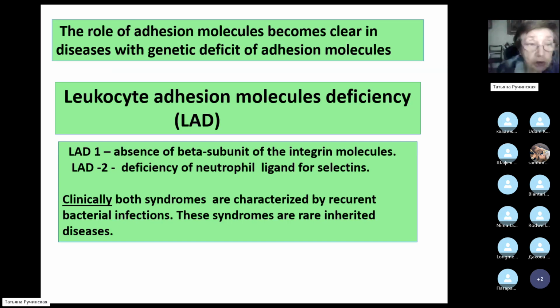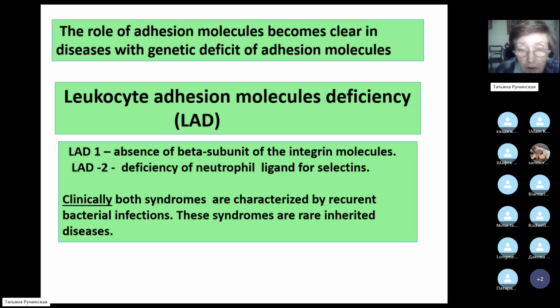The question is, what is the role of adhesion molecules? There are hereditary diseases during which there appears a deficiency of leukocyte adhesion molecules. There may be two types.